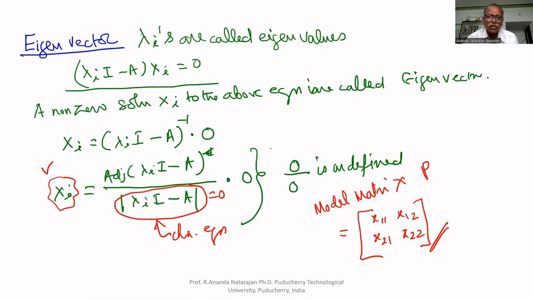If it is not equal to 0, then xi equals 0. But a non-zero solution is required, so you have to force the determinant of lambda I minus A to 0. The solutions xi, that is, the eigenvectors, form a modal matrix P. If you know P, you can diagonalize the matrix A.